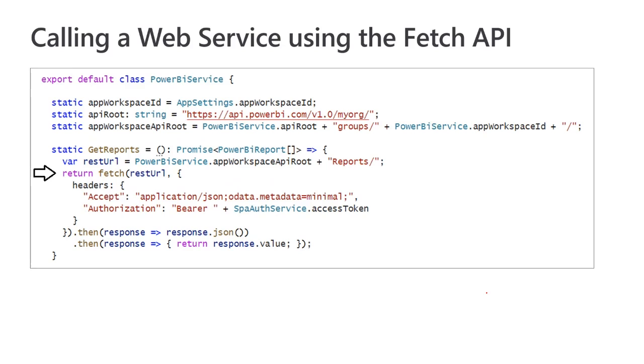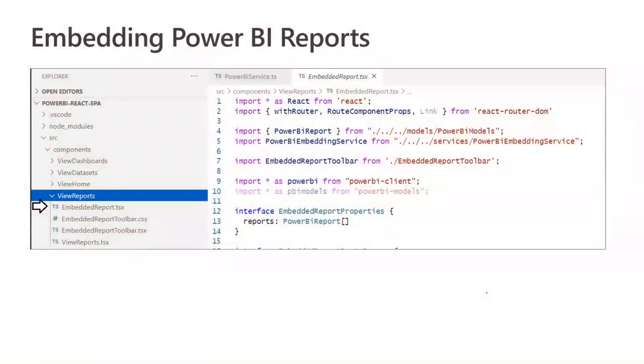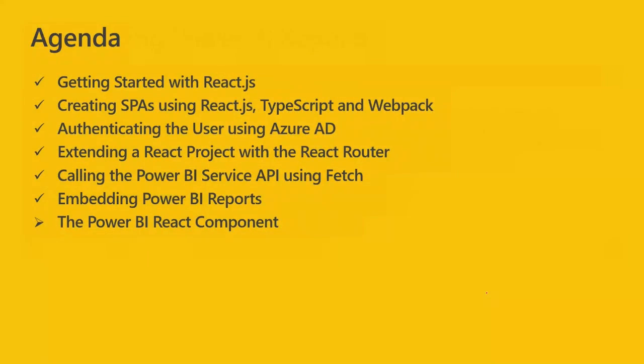So there's a simple example that shows you how to do that. Now, I just stepped through embedding reports. I think I've got a couple minutes and I want to get to our last topic here, which is the Power BI React component.